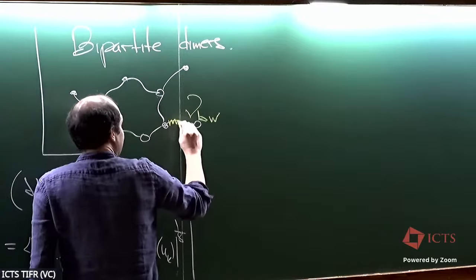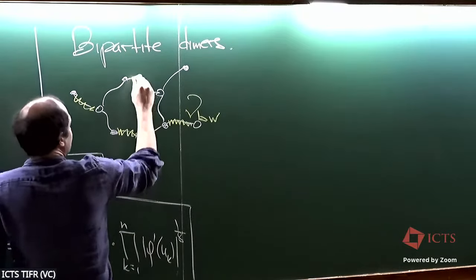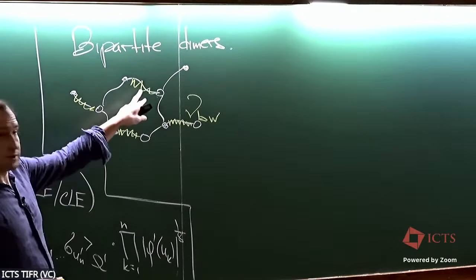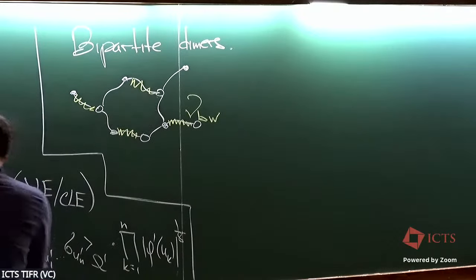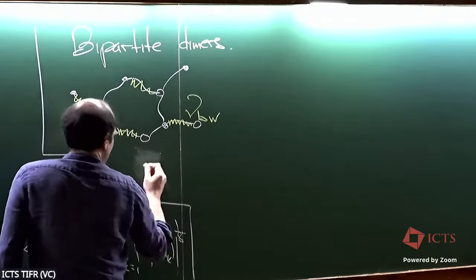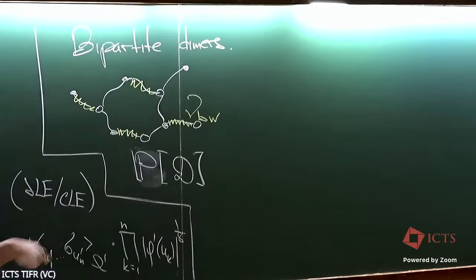Then a dimer configuration is just a choice of what is known as a perfect matching in combinatorics. So this is a subset of edges such that every vertex is covered exactly once. So this D is the dimer cover of my graph.